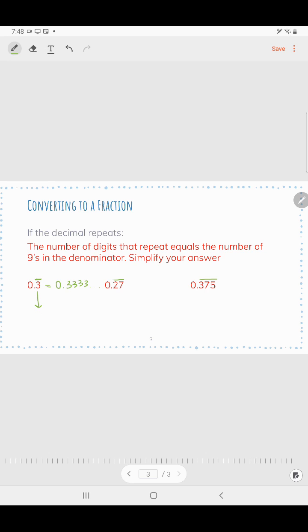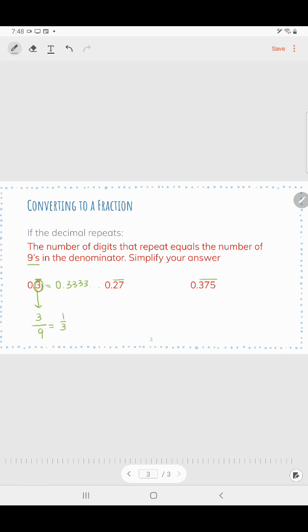I'm going to write that thing that repeats. The thing that repeats is a 3. That goes on top of my fraction. But instead of writing a 0, I'm going to count the number of digits. There's 1 digit here, and that's how many 9s are going to be in the denominator. So 3 over 9. And that simplifies to 1/3.